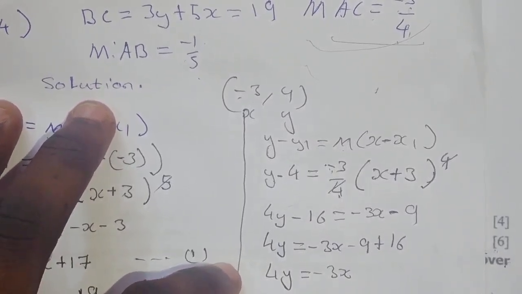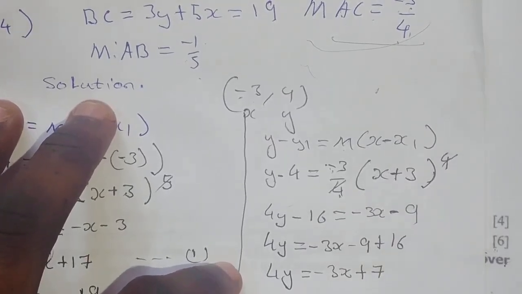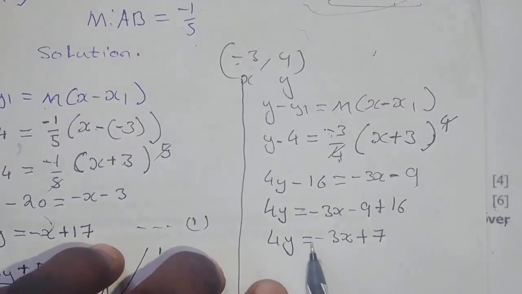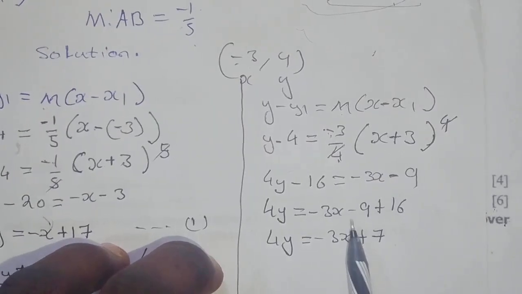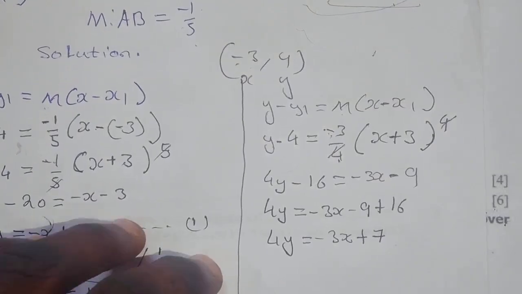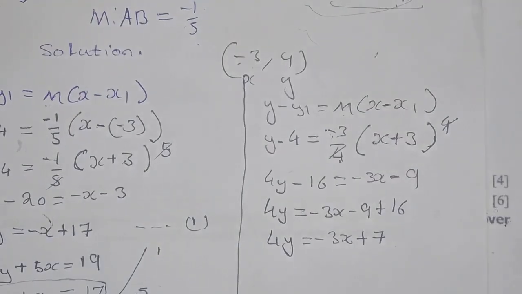We're going to have 7. We get the sign from the bigger number, and the bigger number in this case is 16. So 4y is equals to negative 3x plus 7. This 7 comes from negative 9 plus 16, which has given us 7. Remember, when you're dealing with the same sign, you add.